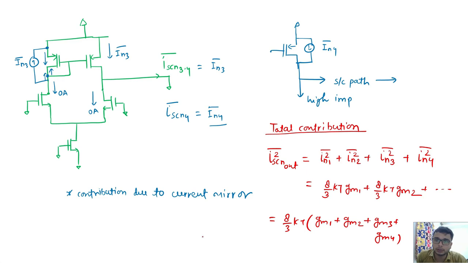So one more thing that we know for the 5-pack, which is gm1 equal to gm2. Okay, so the total short circuit noise current at output, short circuit noise current square, is what?